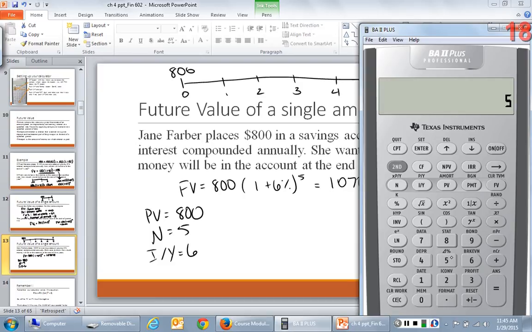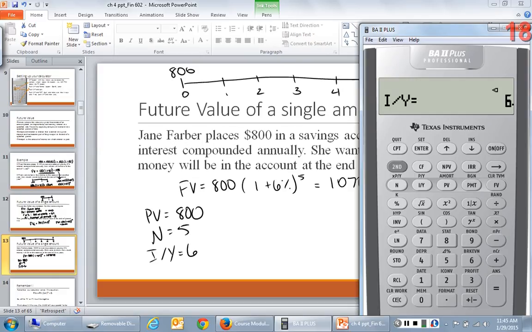So we push 5 and N. Now our number of periods is set at 5. And the interest rate is 6. In a financial calculator or a graphing calculator, you can put interest rates in as whole numbers. You don't have to put in 0.06. You just type in 6. So 6 and the interest rate.